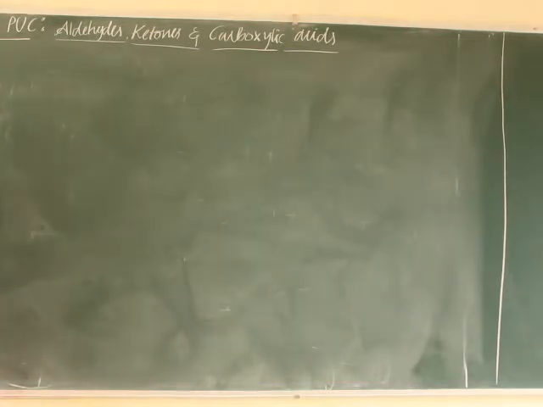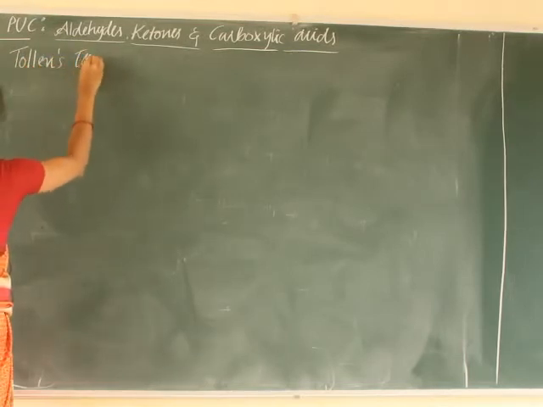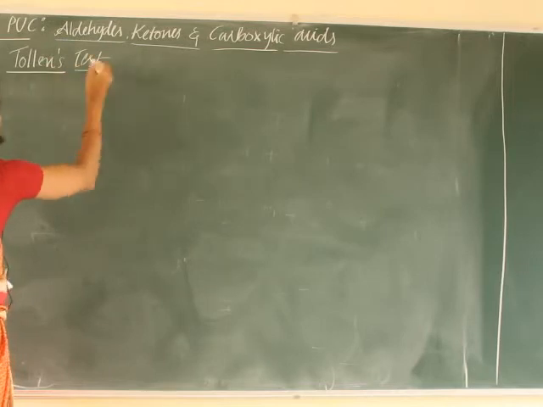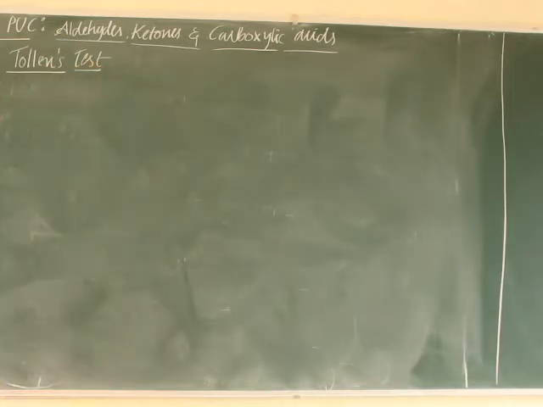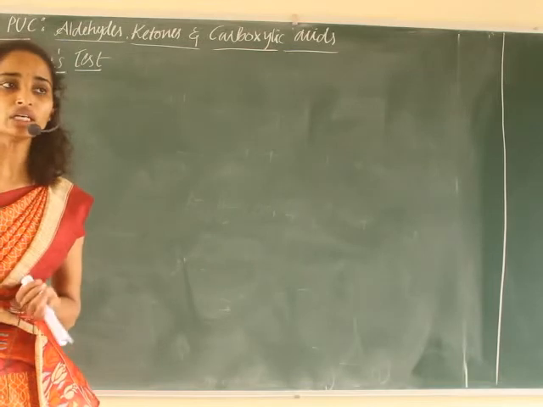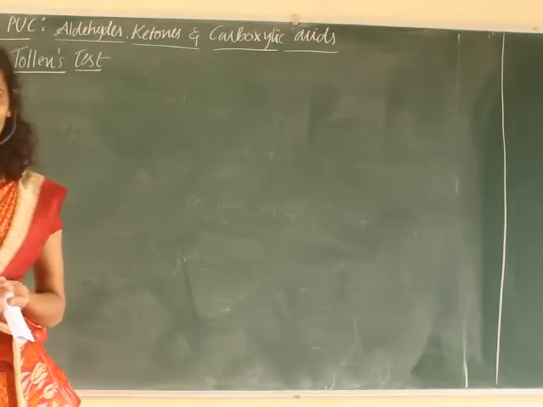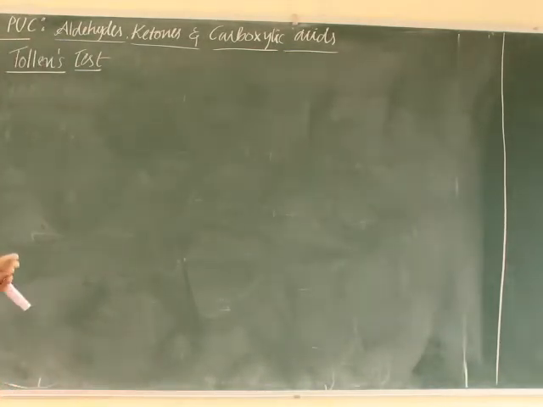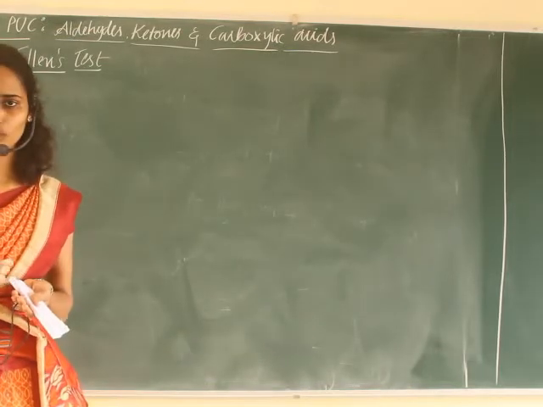Here we are going to discuss the test for aldehyde, that is Tollens test. It's nothing but an oxidation reaction, oxidation of aldehydes to carboxylic acid or carboxylate ion. That's all. And this is one of the tests to identify an aldehyde group present in an organic compound. Am I clear?